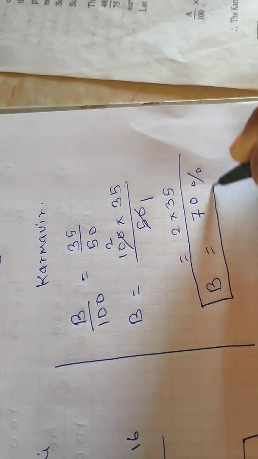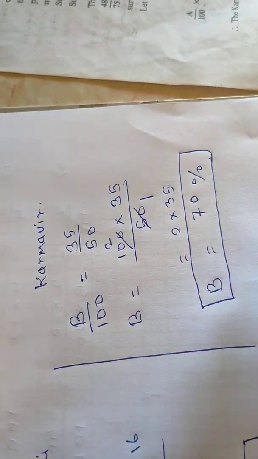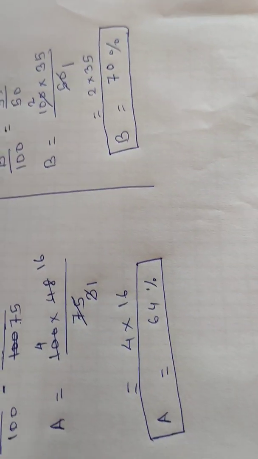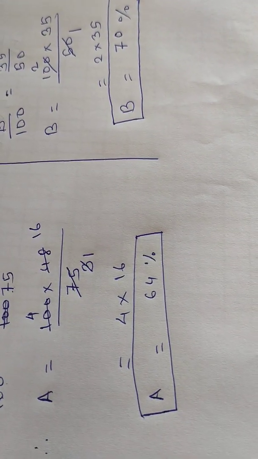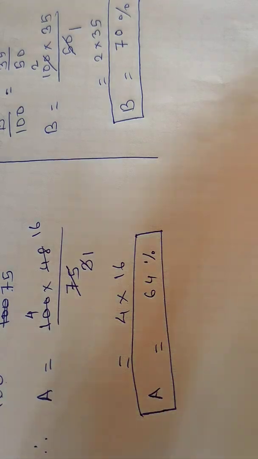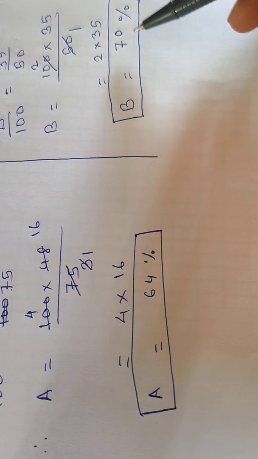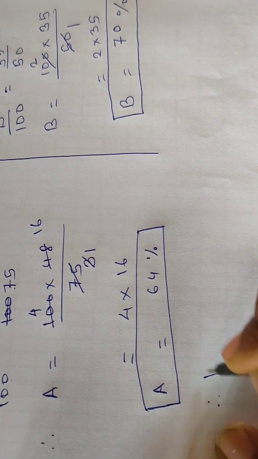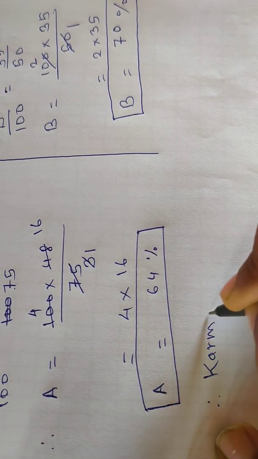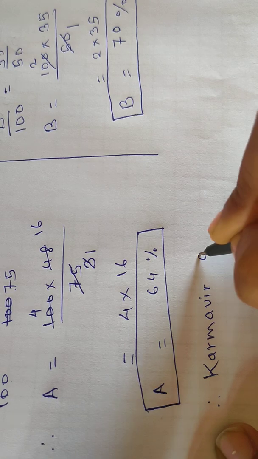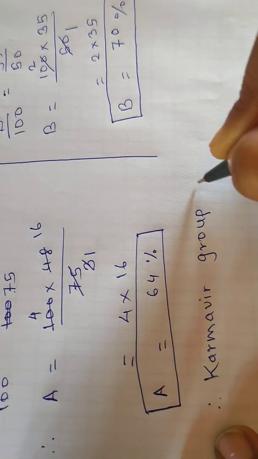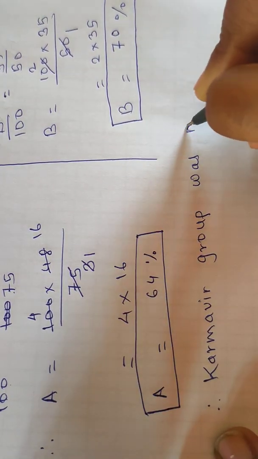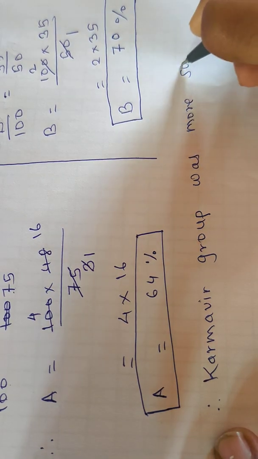Percentage, 70%. Now see, compare. Is A more or B more? Of course, B is greater than A. So who is more successful? B is for Karmavir. Therefore, Karmavir group was more successful.